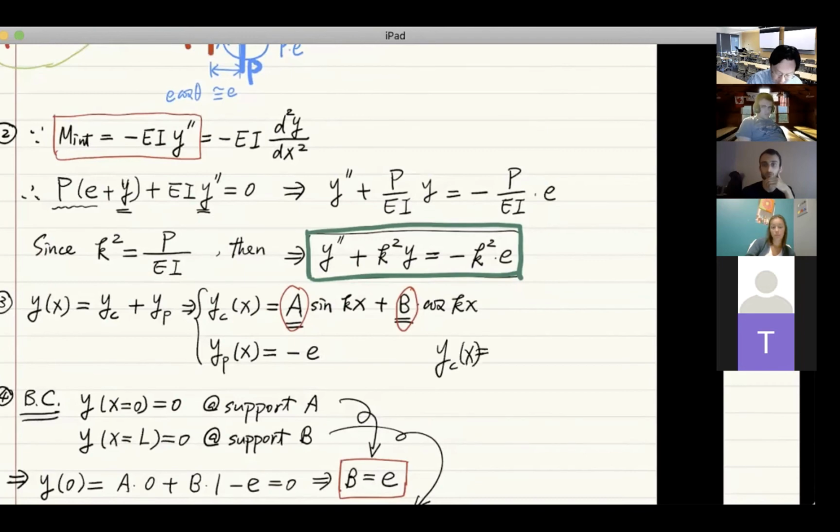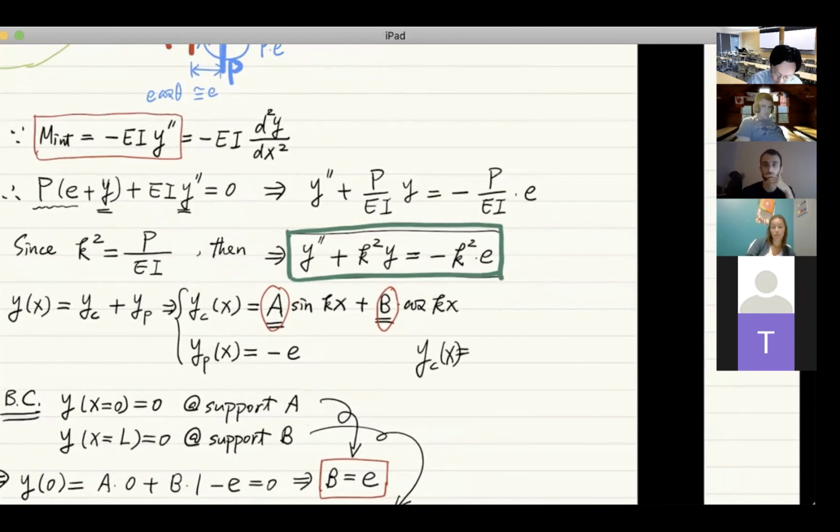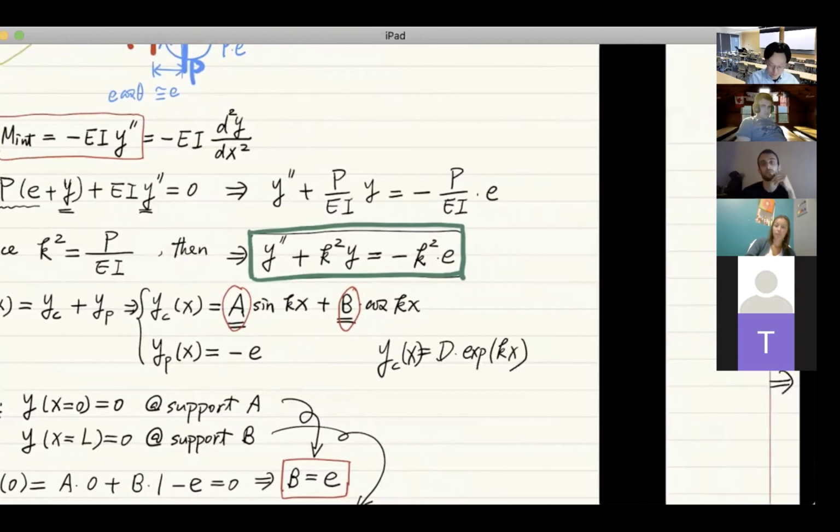I don't want to use the same coefficient, so what about I use d times the exponential function of k times x, plus c. This is the general form. You can also write it this way, and then all you have to do is determine these coefficients.